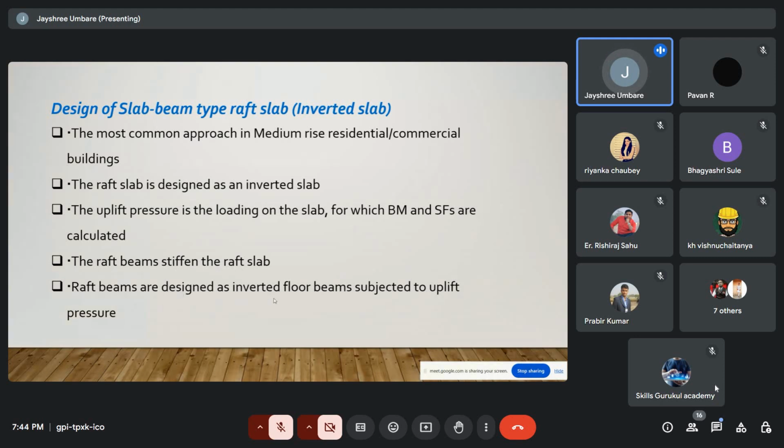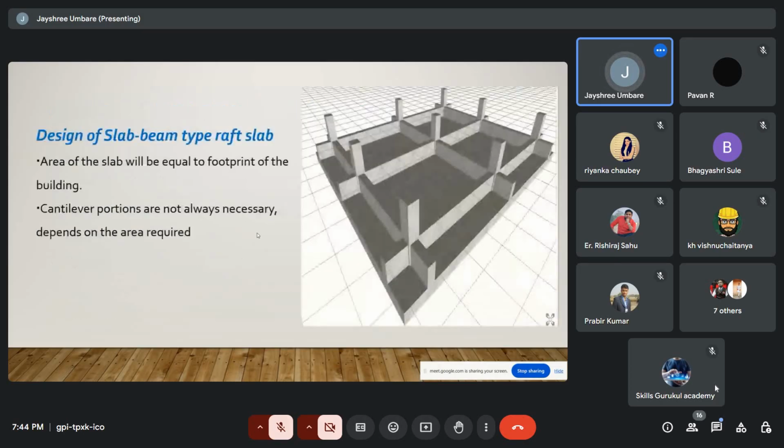Raft beams are designed as inverted floor beams subjected to the uplift pressure. Area of the slab will be equal to the footprint of the building. Cantilever portions are not always necessary, they depend on the area required.